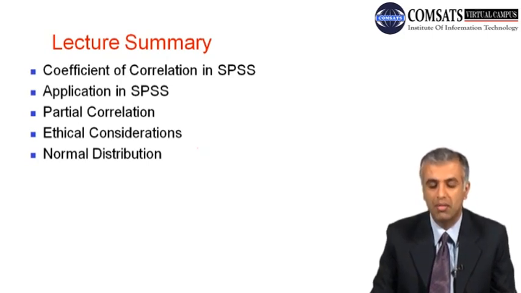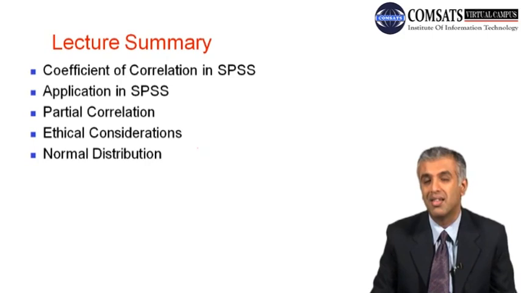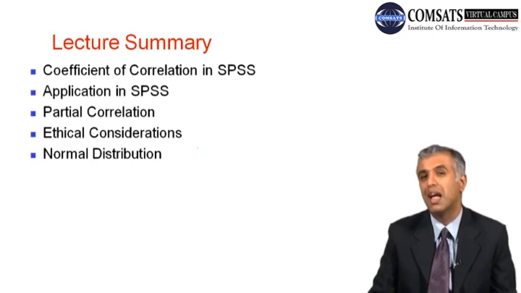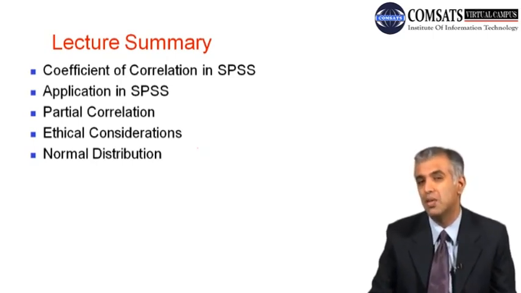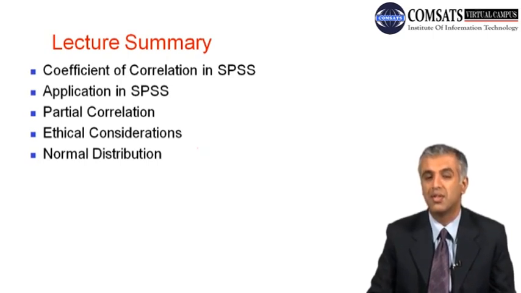Once these are taken into view, the research study becomes neutral and fair. Then we had an overview of the normal distribution, how to calculate the value of Z, and how to calculate the probability of a certain value of Z occurring in a certain area. So these were the things generally discussed today.